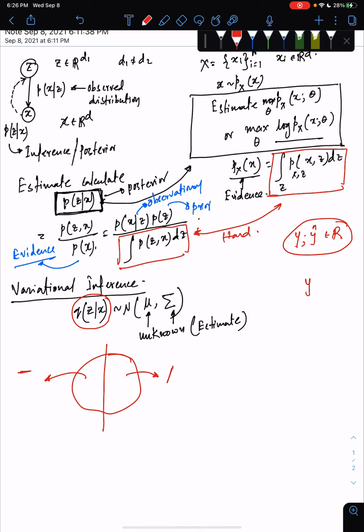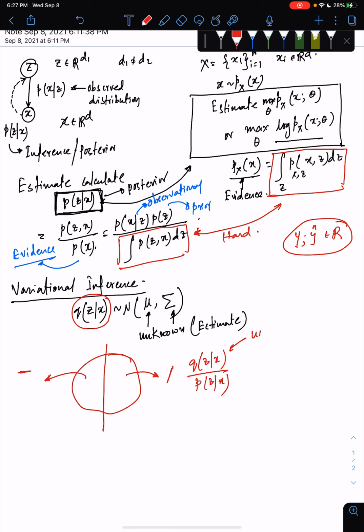For example, if this is my target and this is my predicted, I can have something like this or something like this, and both terms give us the relationship of how similar or different my predicted and target values are. So in terms of distributions as well, we can have these two things, and when we have this division, we have something like this.